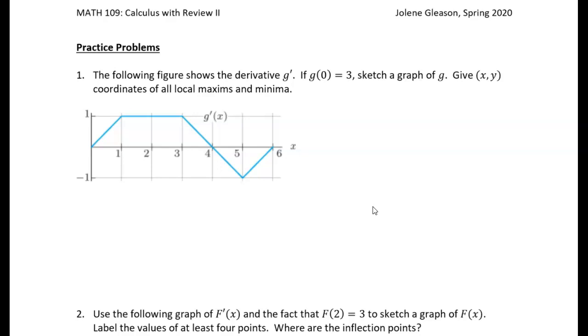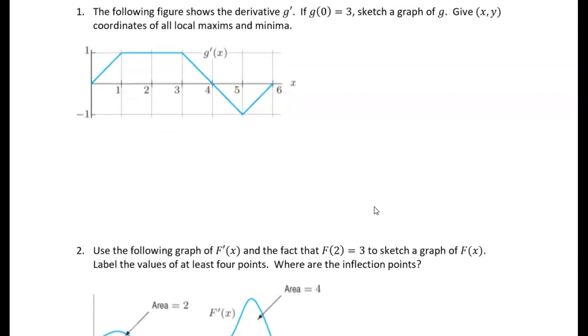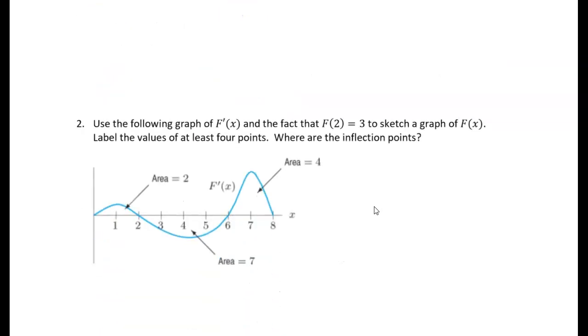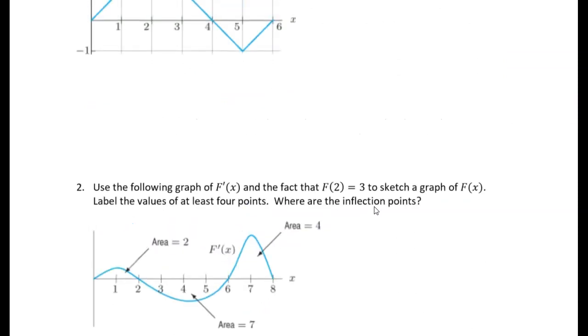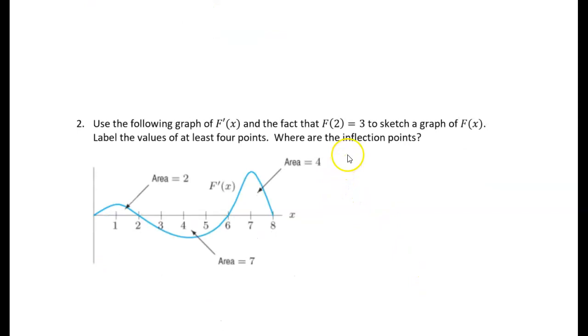The only thing different is that I ask here where the inflection points are. So you might think about how you would find the inflection points. Now, you're not going to be able to find the exact inflection points because you're not given enough information, but think about where the inflection points would be given this graph of capital F prime.